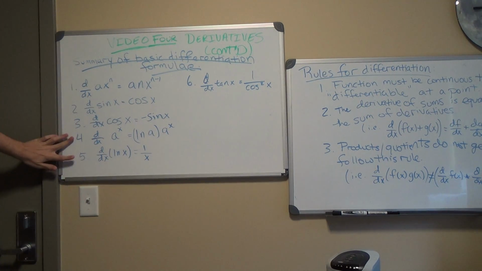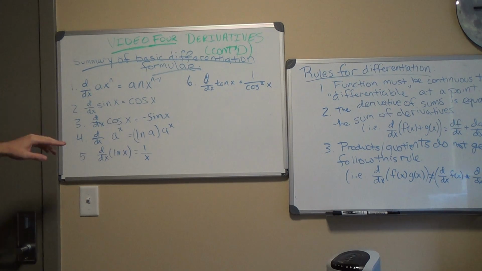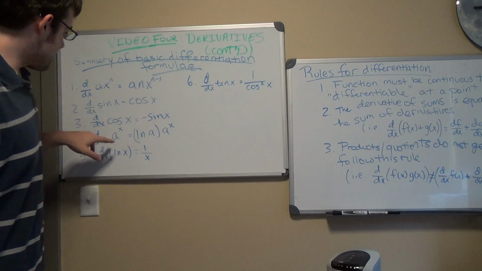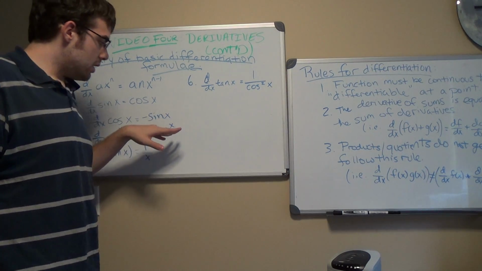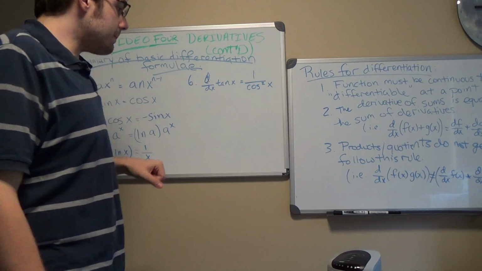So we have two more types. d dx of a to the x, which is the natural log of a times a to the x.